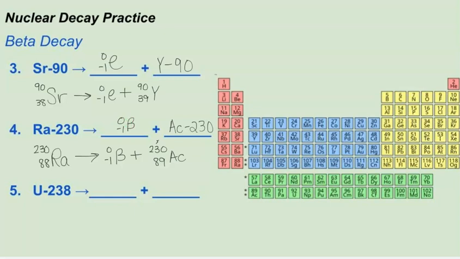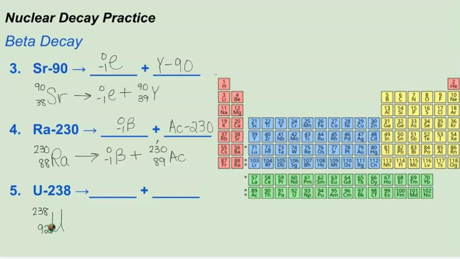Last but not least, we have uranium-238, which is decaying. We'll start with uranium-238, and then we'll go and find uranium's atomic number, which is 92. That may be one you already have a sense of. You kind of know where it is in the periodic table.